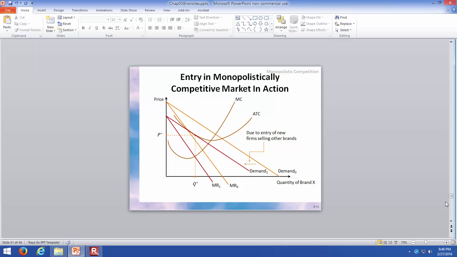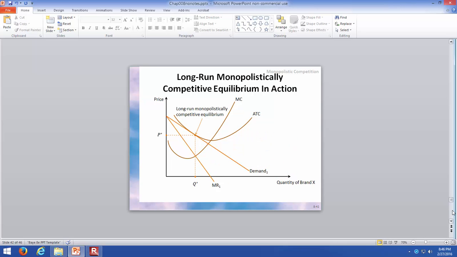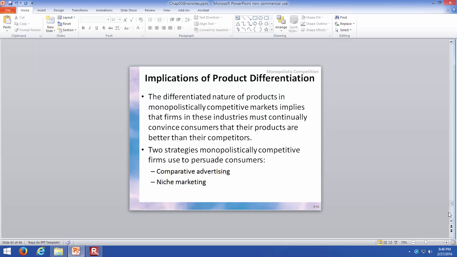Okay. So the figure shows what happens in the long run. Each firm earns zero economic profits and charges a price that exceeds the marginal cost of production. Hence here, price has to be greater than the marginal cost, and P equals the average total cost. Okay.